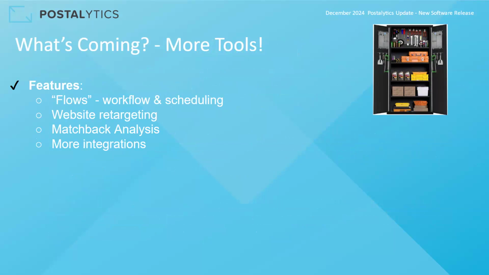The product we're really excited about is we're calling Postalytics Flows, and it is a workflow and scheduling tool that will enable you to set up multi-touch direct mail campaigns with branching logic and scheduling and suppression lists. So if somebody hits a QR code, you don't want them to get the next piece of the sequence. They can be automatically suppressed and moved out of the campaign.